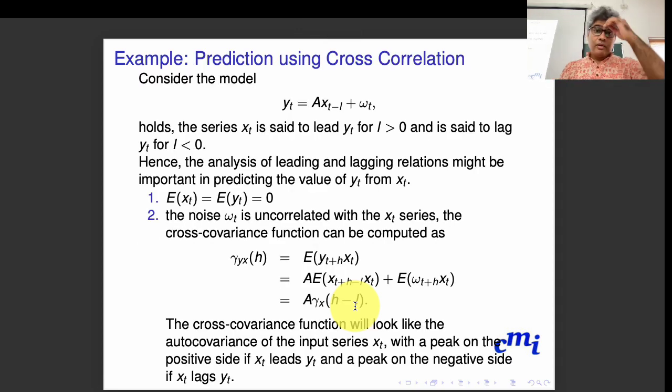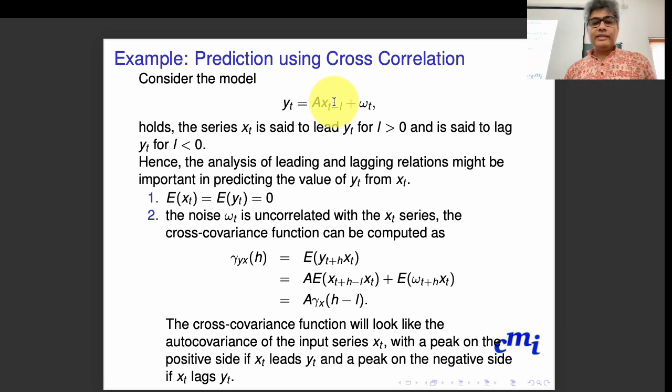We discussed this problem, one of the cutest problems that I always keep saying, because it's a tiny simple problem, but it also gives you an idea of how you can make your data science code much more efficient. y_t is equal to a x_{t minus L} plus omega_t. Now omega_t is white noise, and you are assuming omega_t and x_{t minus L}, or x_t, are uncorrelated or independent.